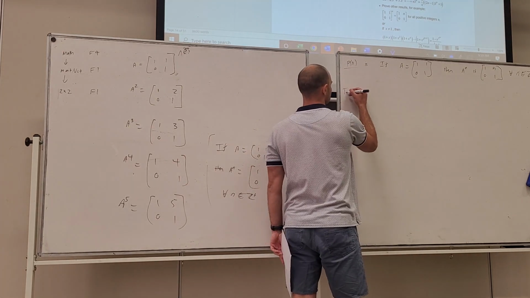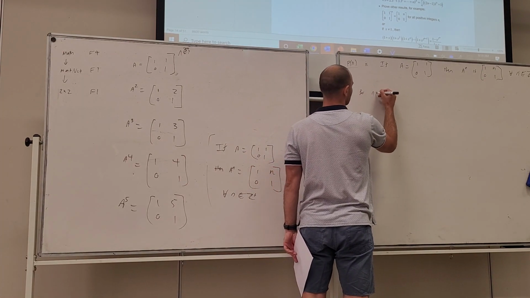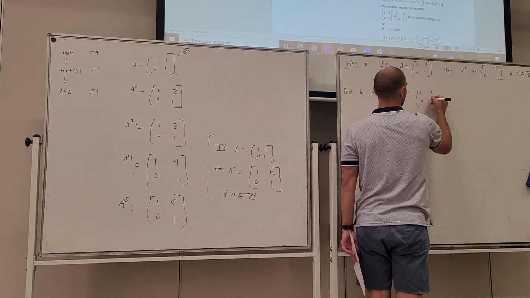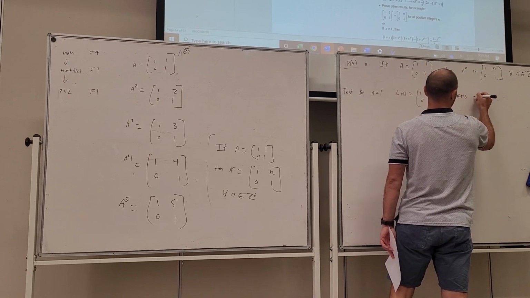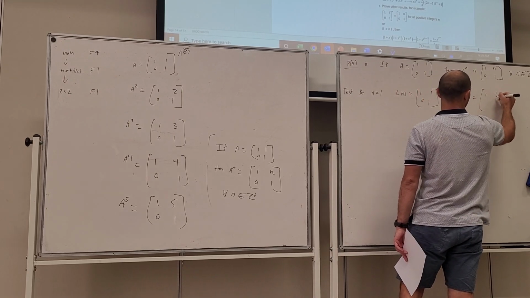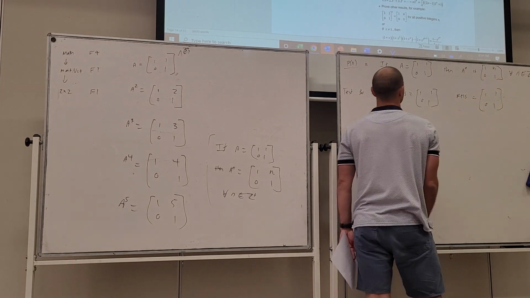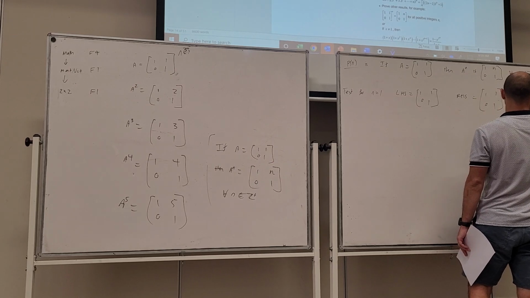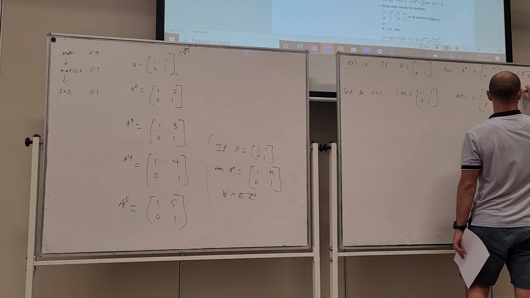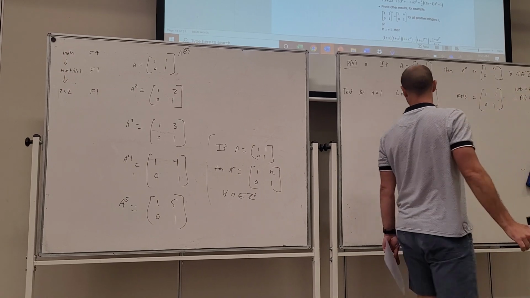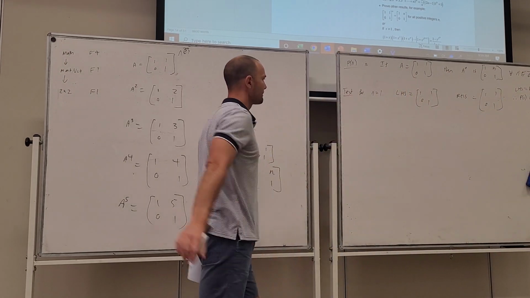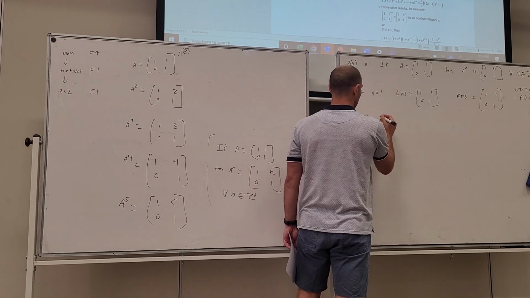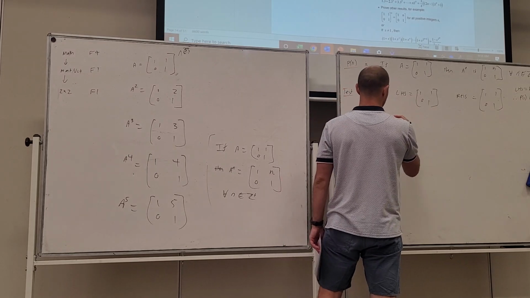Let's test it. Test for n is 1. The left-hand side is just going to be this matrix here. The right-hand side is this here where we have 1 for the n. Left-hand side is equal to the right-hand side, so P of 1 is true. Alright. Assume P of k, or assume A to the k is this.